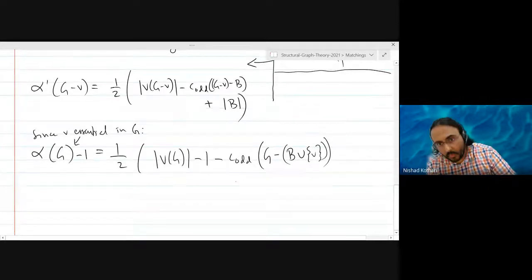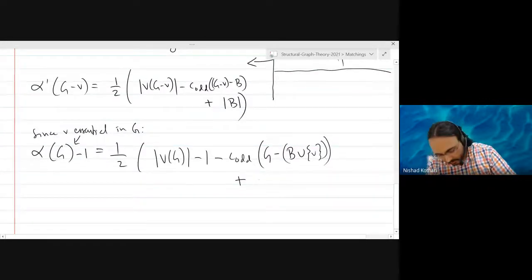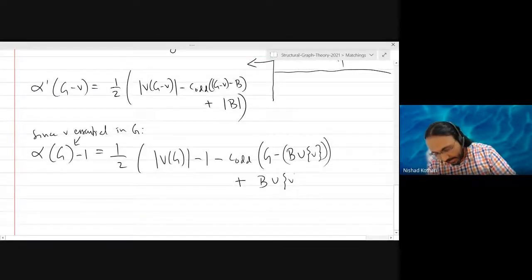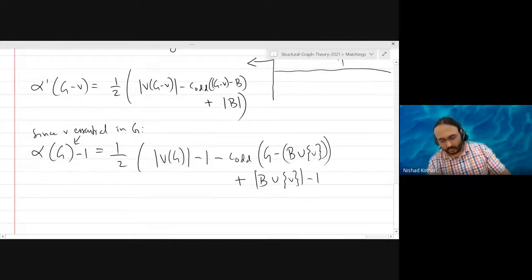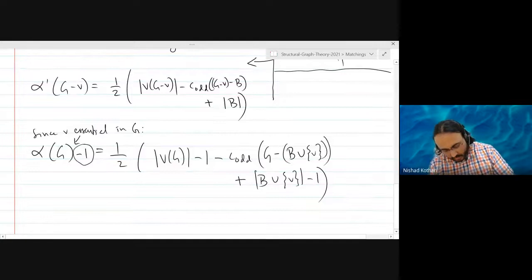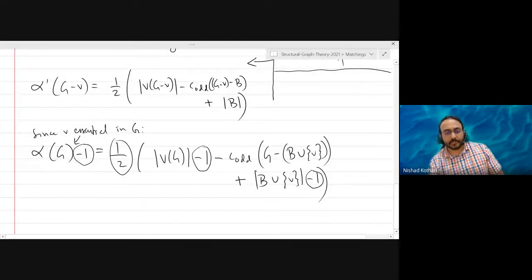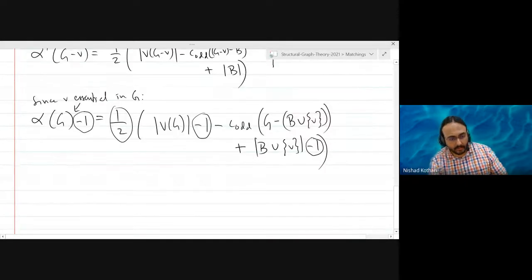And now let me add this cardinality and subtract 1, which is the same as what we were doing before. Notice that I've got a minus 1 and a minus 1 here, minus 2 multiplied by a half, so I can cancel all of that.